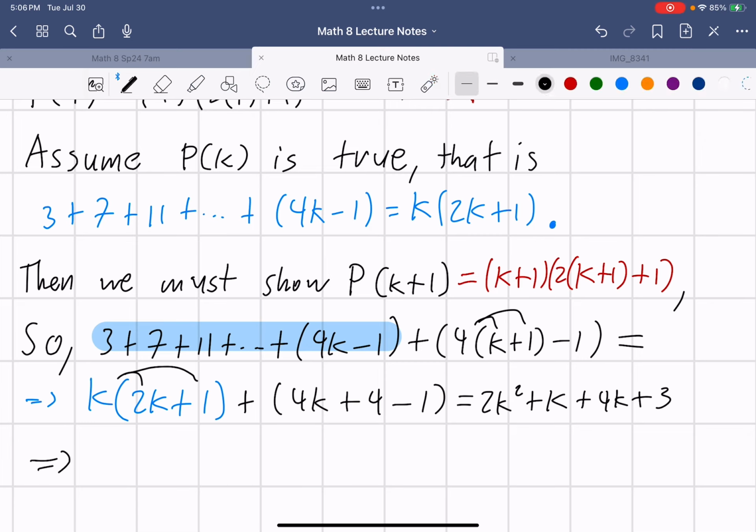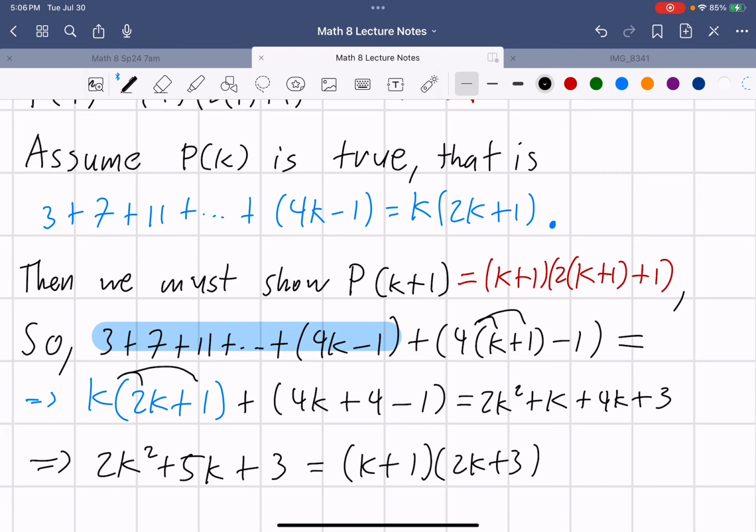Which simplifies to 2K squared plus 5K plus 3. And then from here, you have to recognize that this factors into K plus 1 times 2K plus 3.